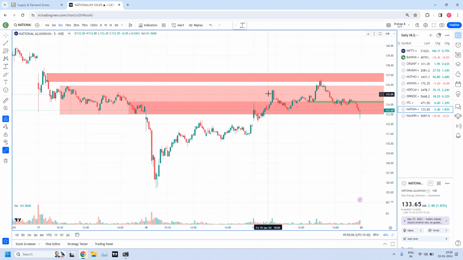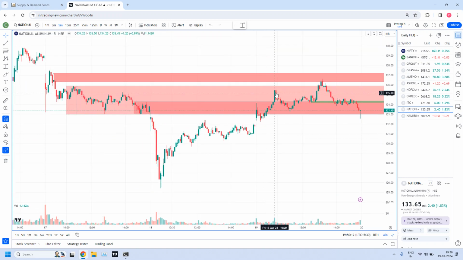The way this zone is violated is something different. Not easily violated. Some order flow is there from the base. That's why, before violation, see there is a lot of resistance from this zone. Not easily violated.